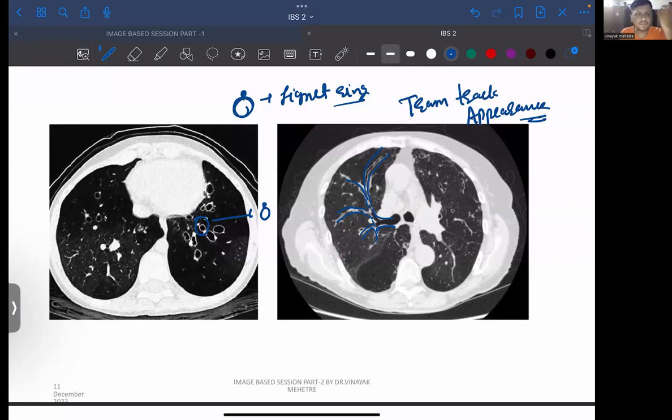This is a feature on X-ray. इसका मतलब ये नहीं है कि you will see it only in one disease. Tram track appearance can be seen in so many diseases.